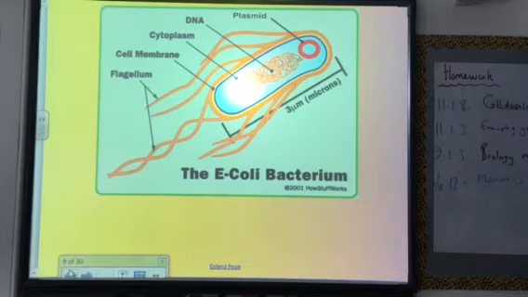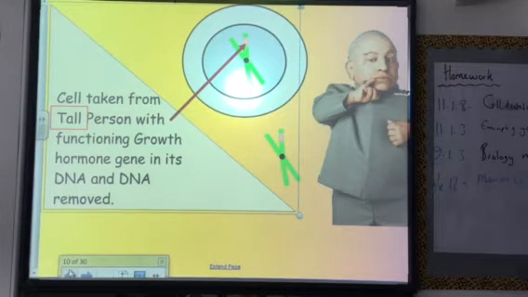Anyway, in the chromosomes of a tall person, let's call it Mr. Big, there is a gene, and that's the pink bit in the diagram. There is a gene that causes him to be tall. And clearly, Mini-me's not got it.